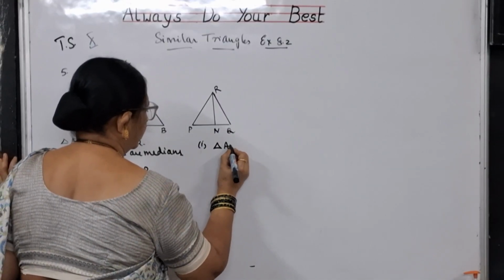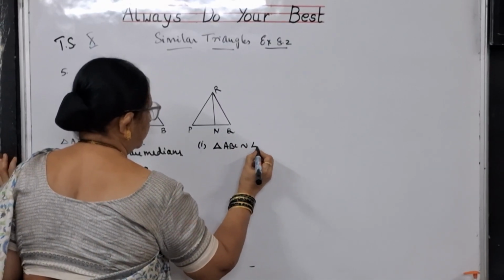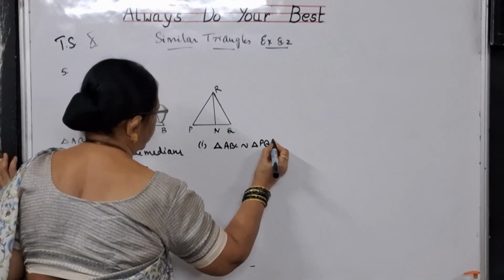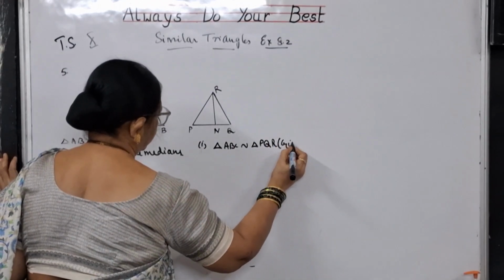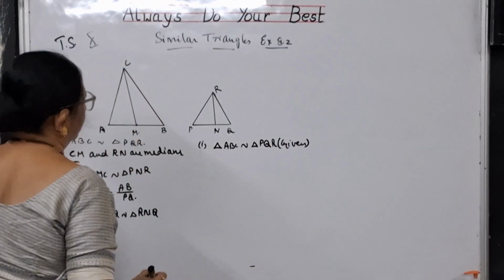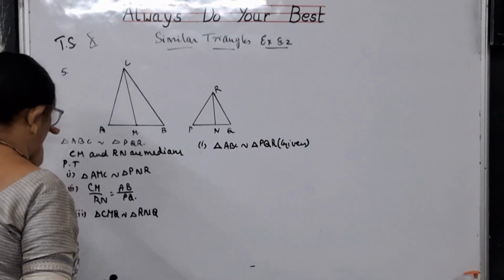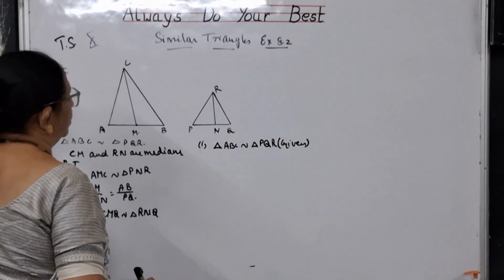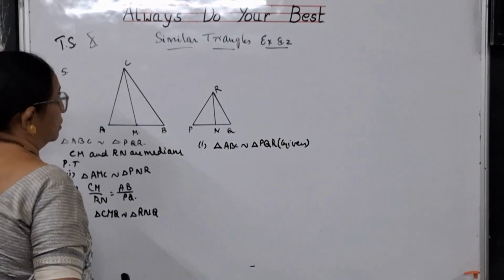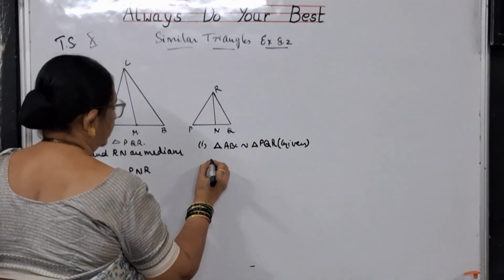We know that triangle ABC is similar to triangle PQR. This is given to us. When these two triangles are similar, then what you can say? Their corresponding sides are proportional.